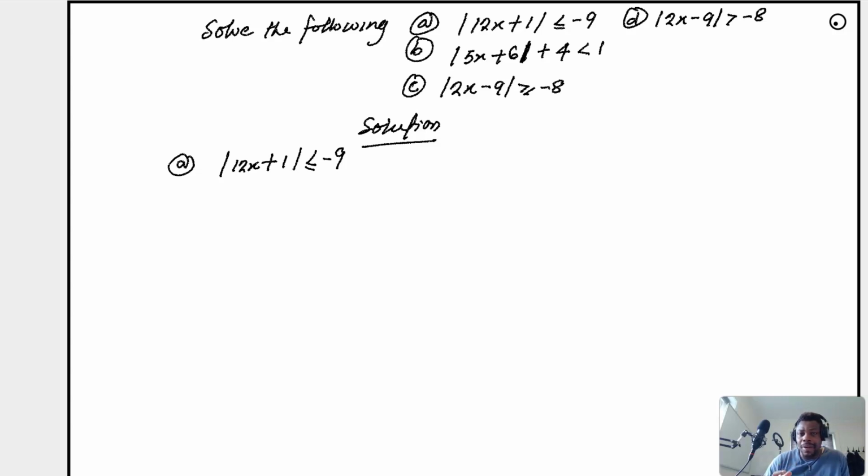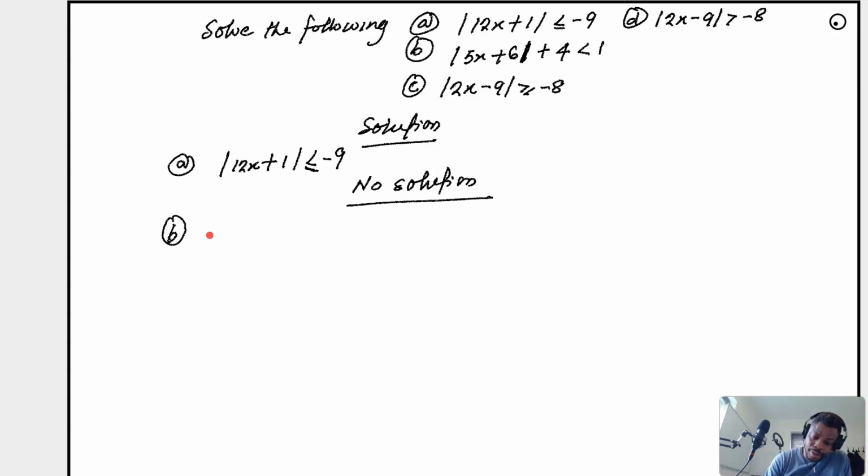The modulus of a number is always either 0 or positive, greater than 0. So in this case, this is less than 0, so it is no solution. And if you say no solution, you can still show why if you want, but it is no solution. I already showed you why when I was taking the cases.